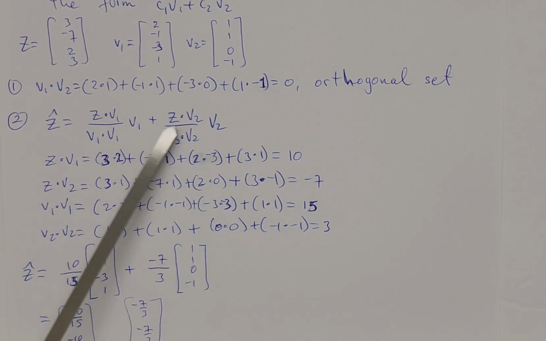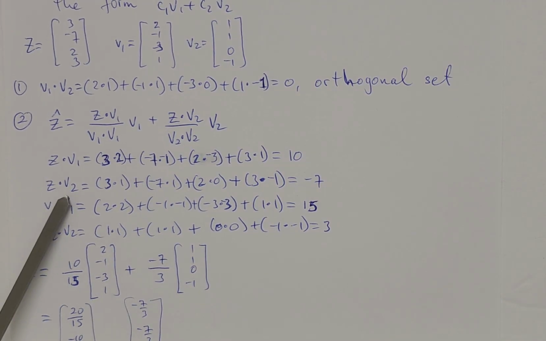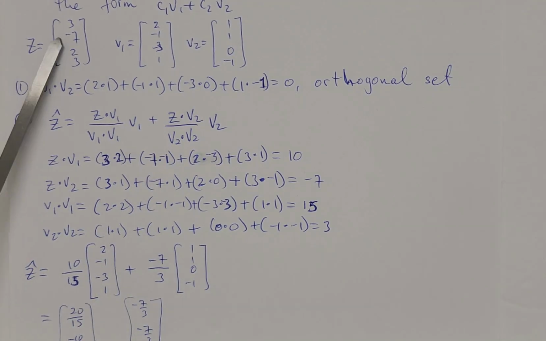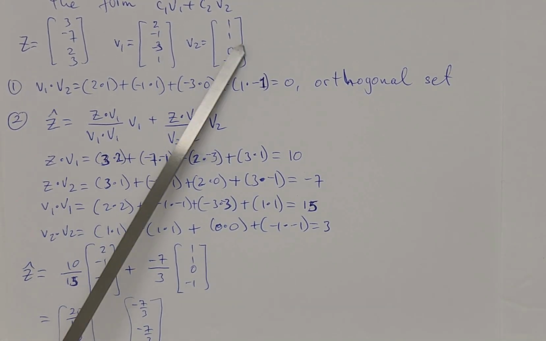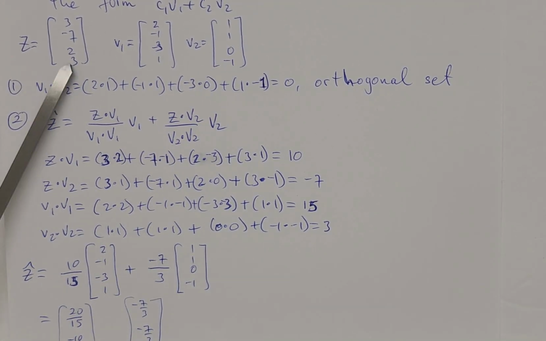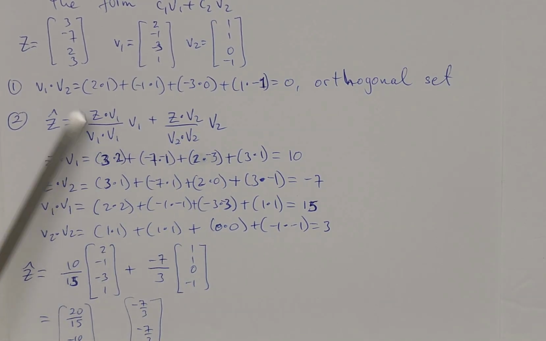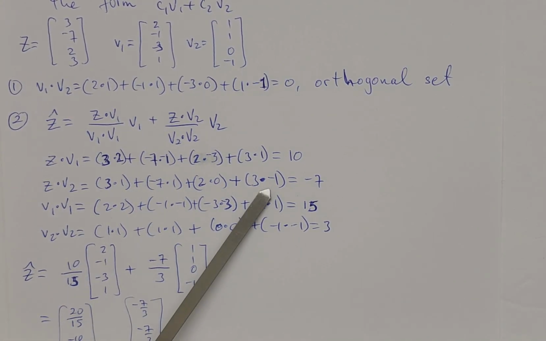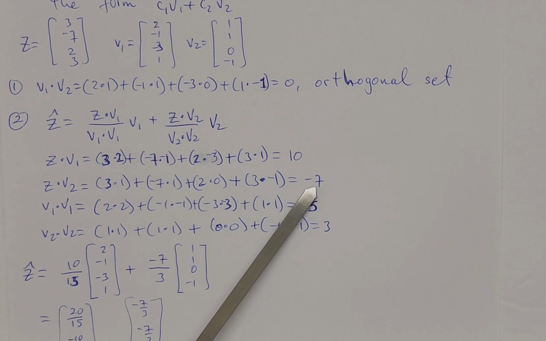Next, zv2: 3 times 1, negative 7 times 1, 2 times 0, 3 times negative 1, and that gives me negative 7.